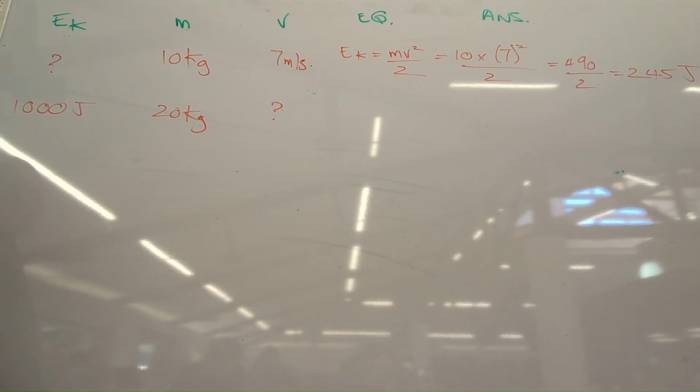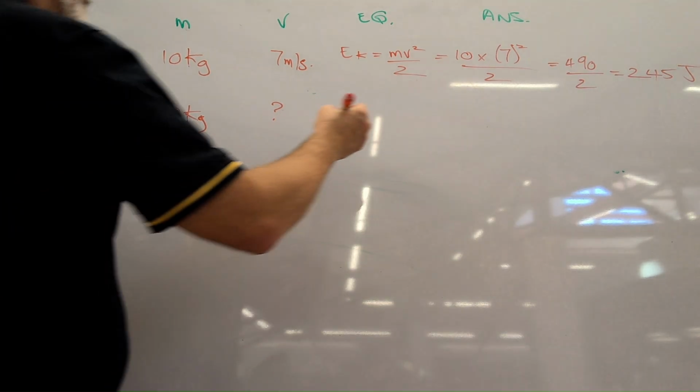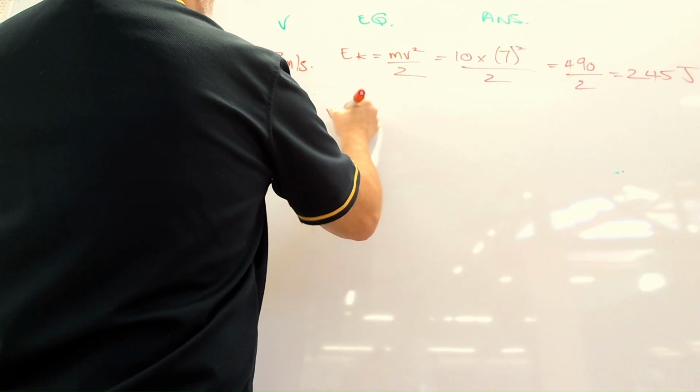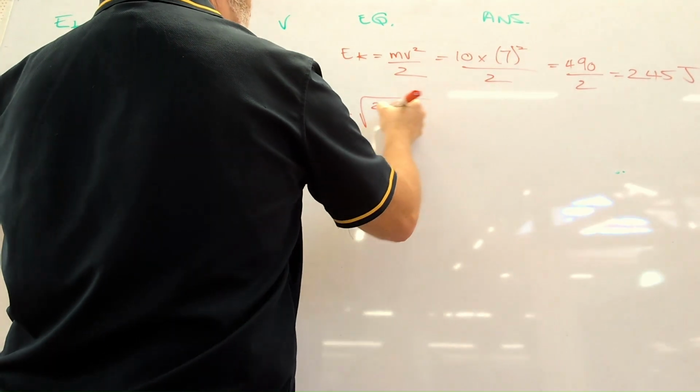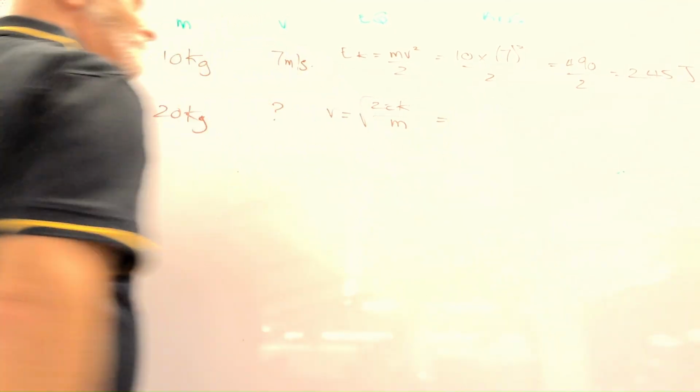Which one of the ones I gave you would we use? V equals the square root of 2ek on m. Well done. So we know that V equals the square root of 2ek divided by m.